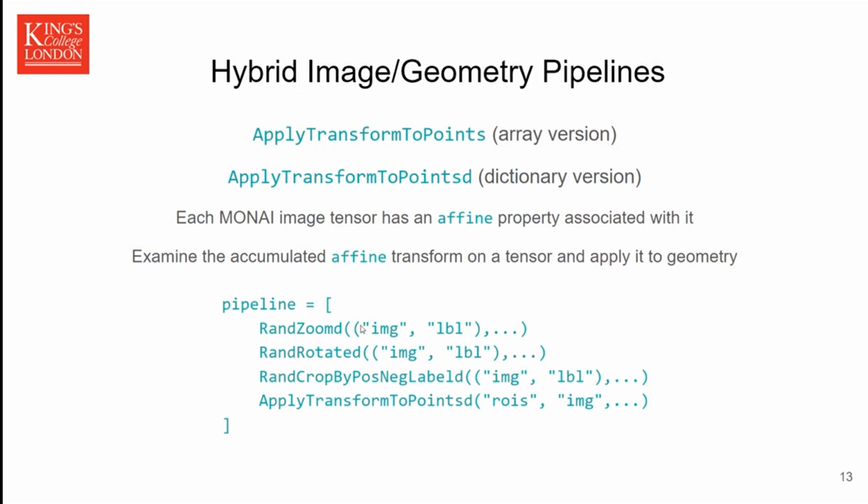And it's being performed on our raster data, so our image data and our label data, but we have a third field that we want to update, that is our geometry, that here I'm just calling ROIs for regions of interest. And what we can do is we can call apply transform to points on the ROIs, and we pass the image as the reference. And this operation can go and look up that affine matrix that describes the accumulated transforms and then apply them to our geometry, and our geometry is up to date.